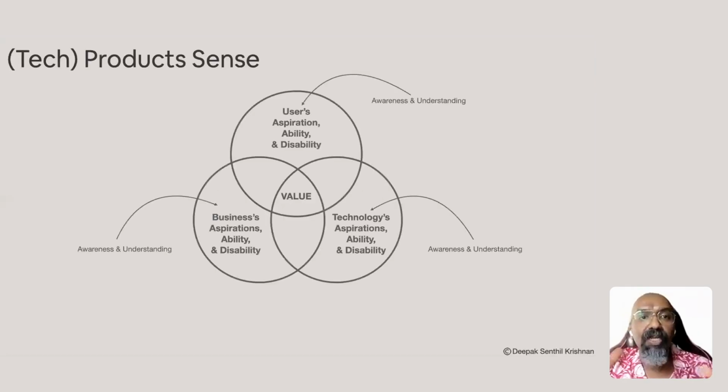So when we combine these two things, product sense is about building awareness and understanding about each of these nuances: the user's aspirations, abilities, and disabilities, a business's aspirations, abilities, and disabilities, and technology's aspirations, abilities. Unless you have awareness and understanding, it is going to be difficult for an individual to build product sense.